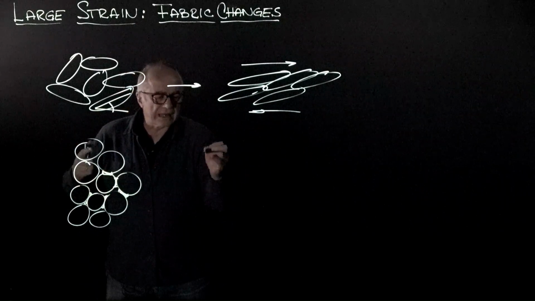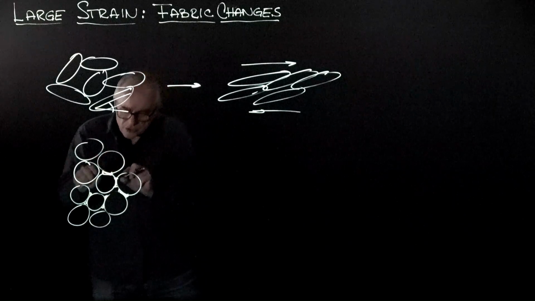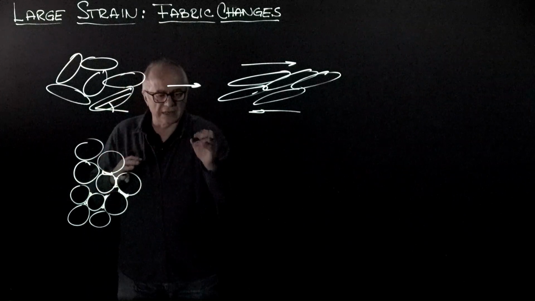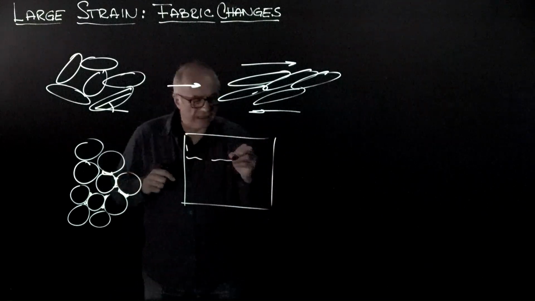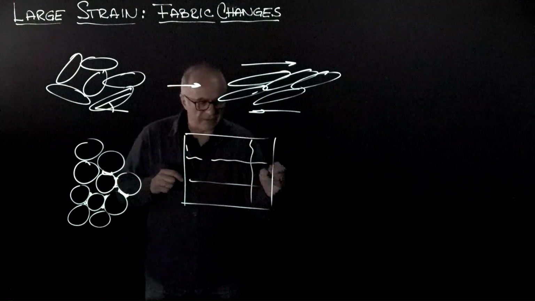So now if I zoom out and I don't look at individual particles, I look at the soil mass, we are going to see that it may have taken a blocky structure.